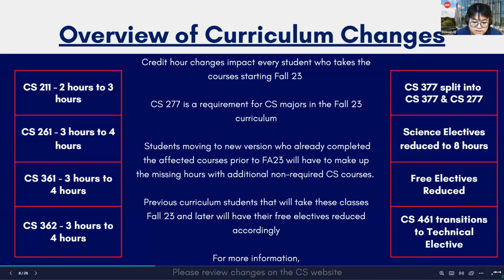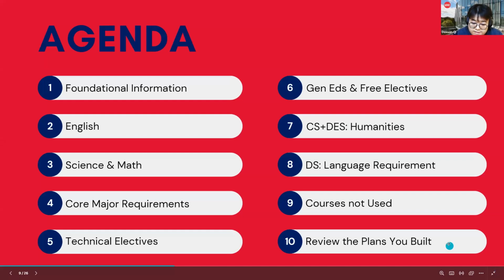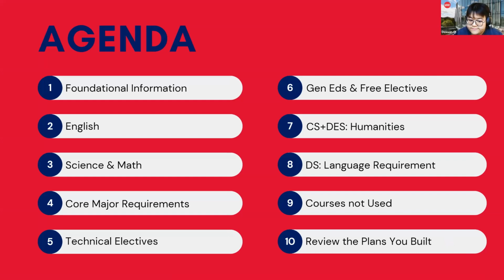Science elective hours requirements reduce from 10 credits to 8 credits if you switch to the new curriculum. If you have further questions about the fall 2023 or previous curriculum, look for more information on the computer science website and ask for support from your assigned advisors as well. But be reminded, your assigned advisors may not go in depth on that information or process in this presentation.